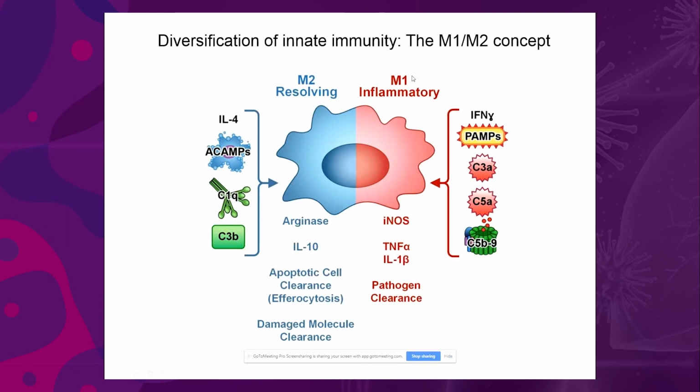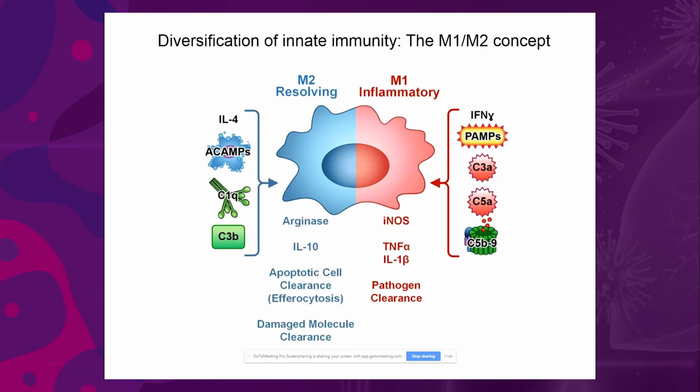M1-like macrophages and M1-like innate immune responses are the ones that we classically view as pro-inflammatory, the ones that make iNOS, key for killing bacteria, the ones that make TNF-alpha and IL-1 beta, and this is indeed, as I just said, key for pathogen clearance. And we can also view M2-like macrophages, which can be, depending again on the context, more regulatory.